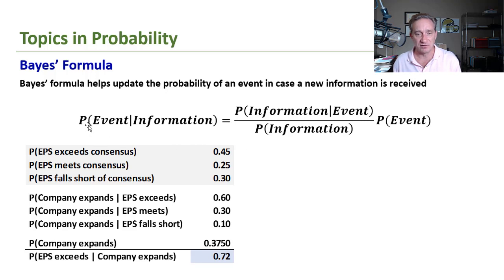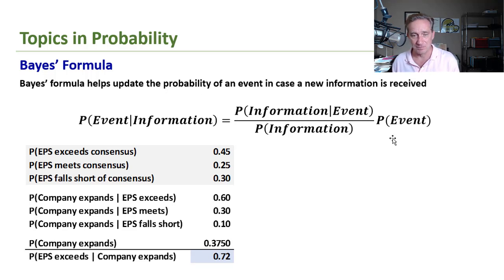The probability of an event conditional on some information that we've received is itself equal to the conditional probability, but notice it's reversed here, of information given the event, divided by the unconditional probability of the information itself, multiplied by the probability of the event.